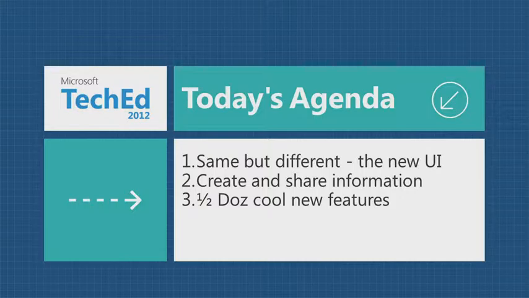Then a create and share information exercise, a scenario based on what we can do in a real-life situation, and some of the new things in the Office 365 preview that make creating and sharing information easier, quicker, and more productive. And then I want to rip out half a dozen things that I find interesting, and hopefully you'll find interesting at the end. So that's roughly what we're doing.